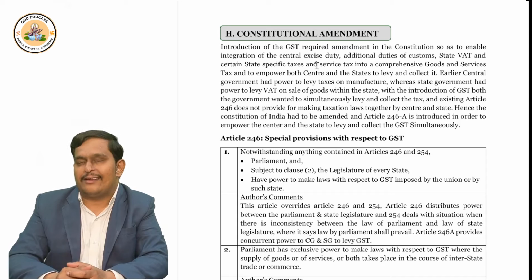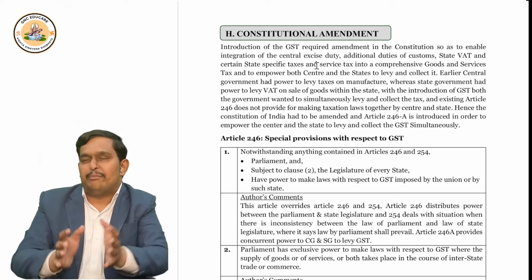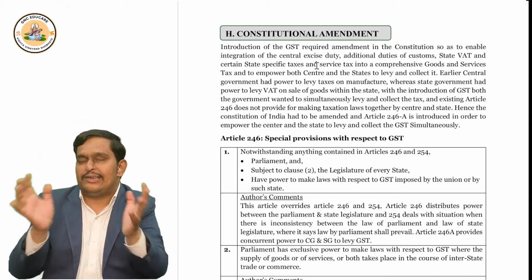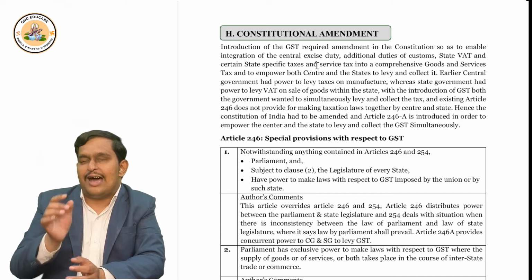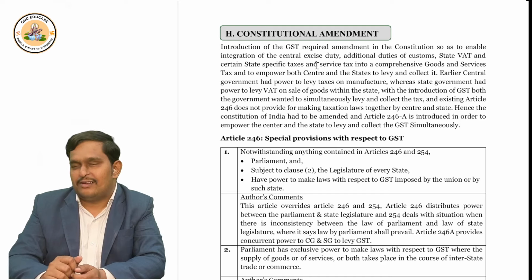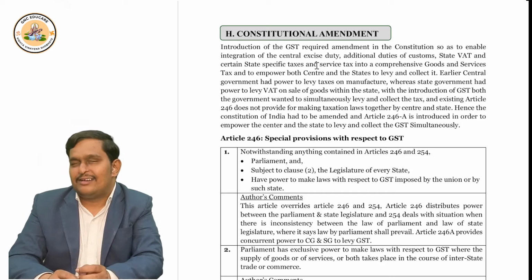Now, in this context, if we have to integrate and merge all these taxes, but some are central, some are state, in Article 246 there should be some provision or not? Because Article 246 says union list, state list, concurrent list.